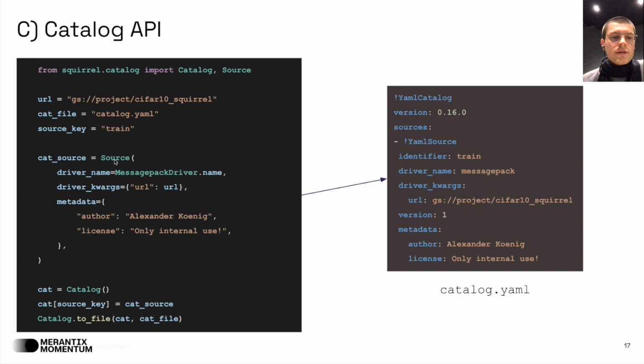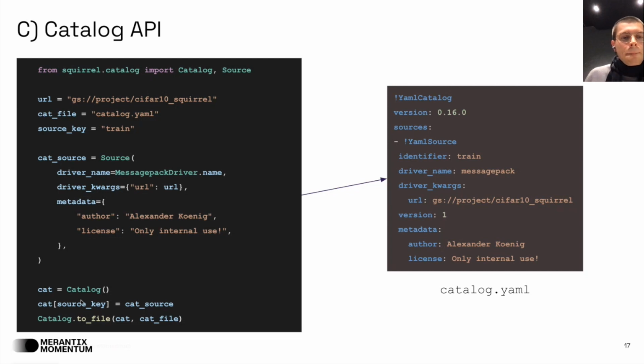First you have a source, a data source essentially, that has the name of your driver, for example the Hugging Face driver that you used, the URL where this data sits, and also some metadata like your author, your license, or for example your version of your dataset you could also store there.